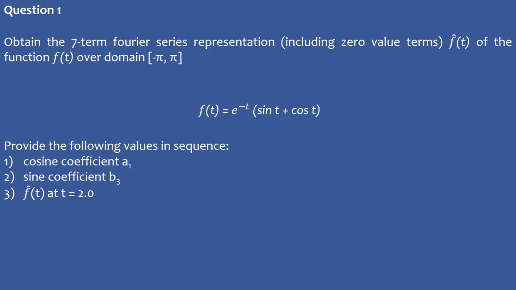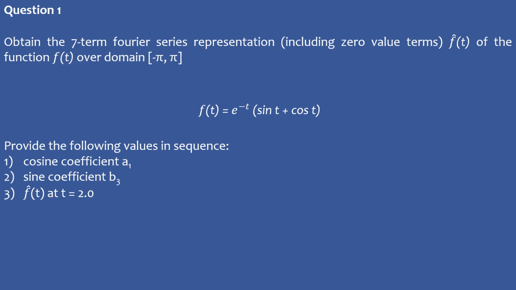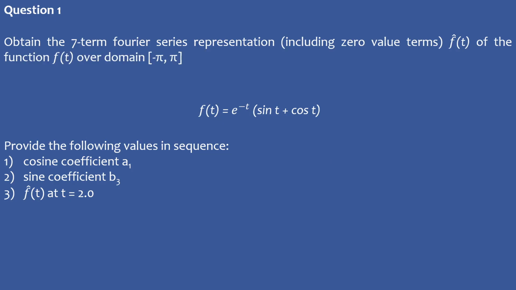Accordingly, you need to find the coefficients. First find the cosine coefficient a1, then the sine coefficient b3, and then evaluate f cap t at t equals 2.0. Whatever Fourier series representation we have done in f cap t, we need to evaluate that function.